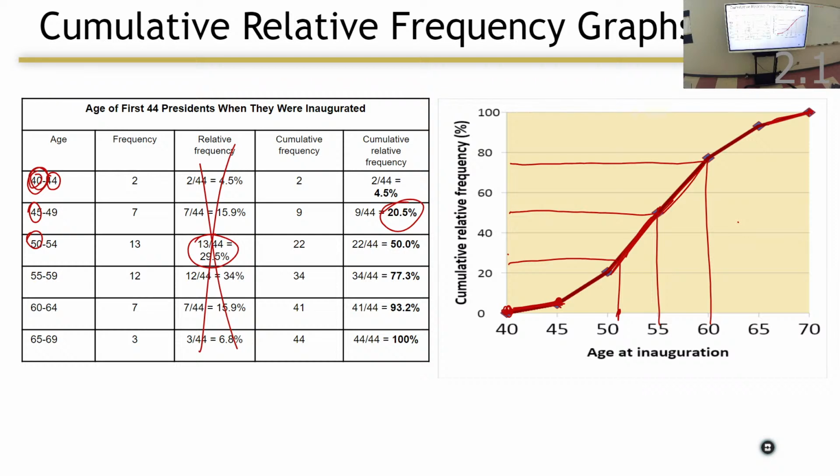So the 20th percentile is going to go where? 20%, straight across, straight down. That's right, maybe. So at 10, I don't have anybody at 10, so we're still at 0%.